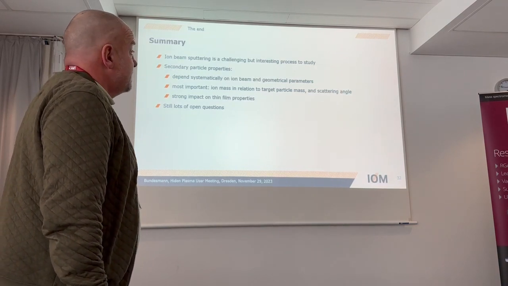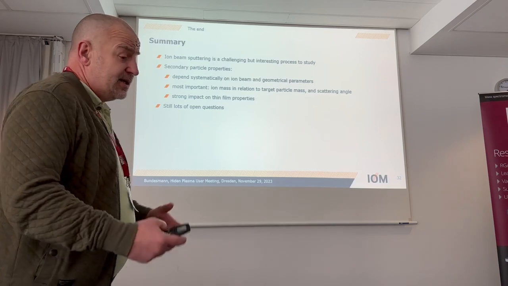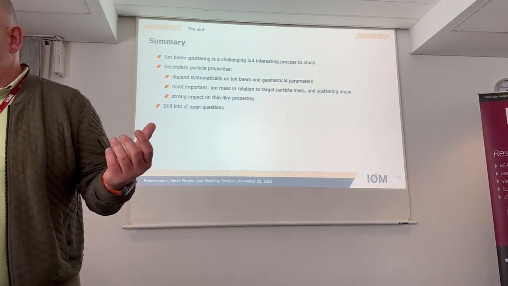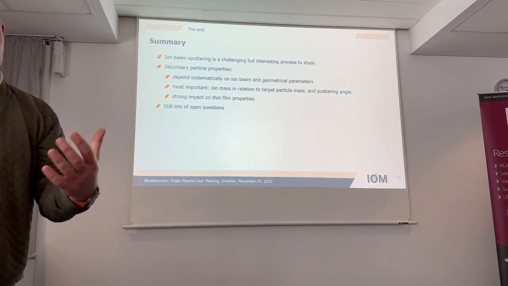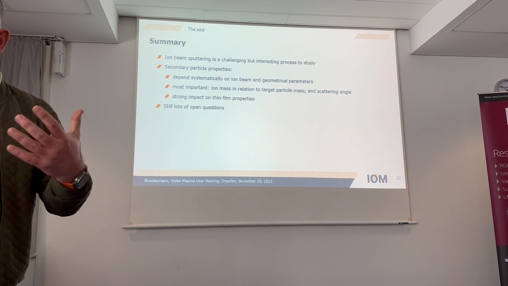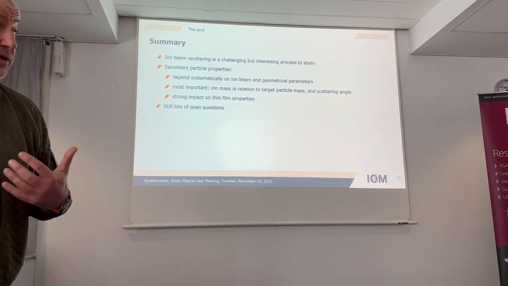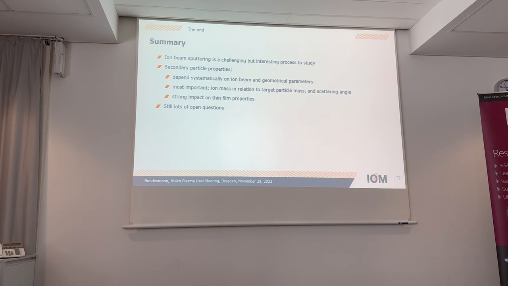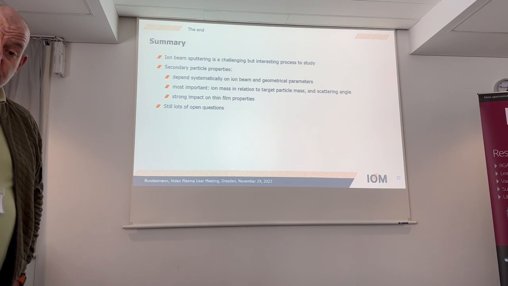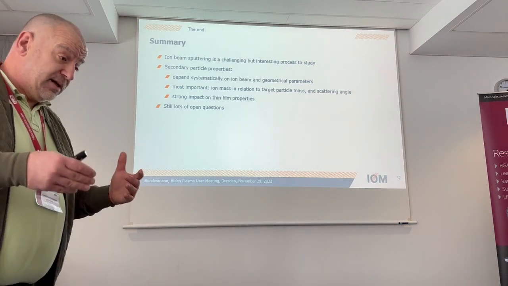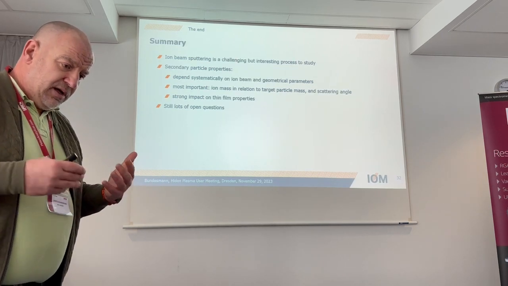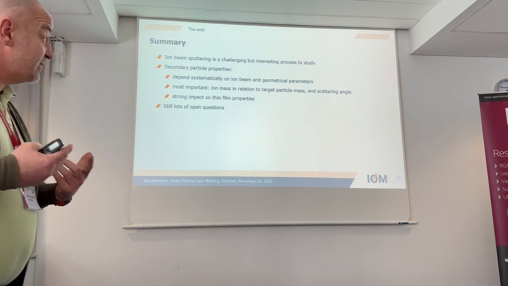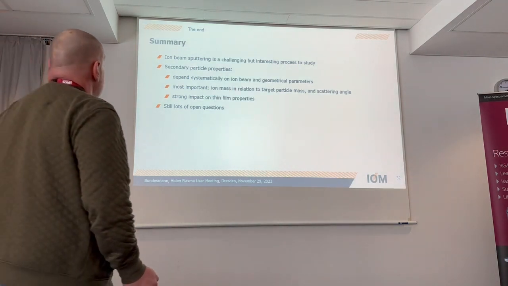So the point is now we would like to combine these expertises in ion beam etching and ion beam sputtering, so this particle knowledge, because if you have an etching process, you remove material, secondary particles, and these secondary particles may have an effect on your workpiece, which you do not want, redeposition, resputtering, and so on. So it's very, very important to know the properties of these secondary particles in order to avoid these unwanted effects, or at least minimize them.